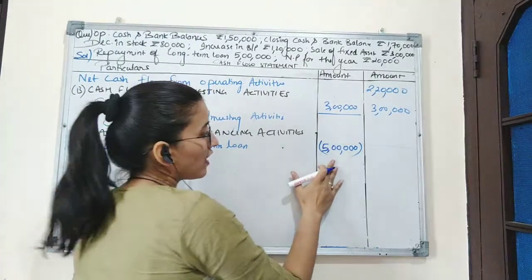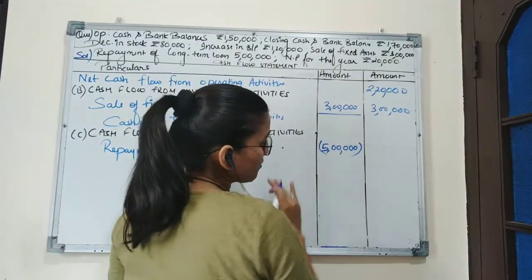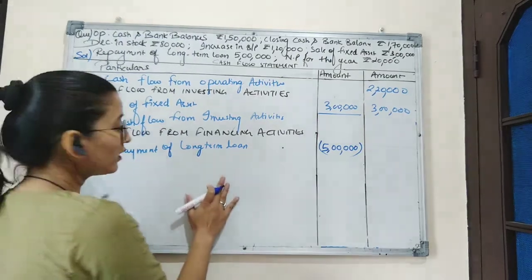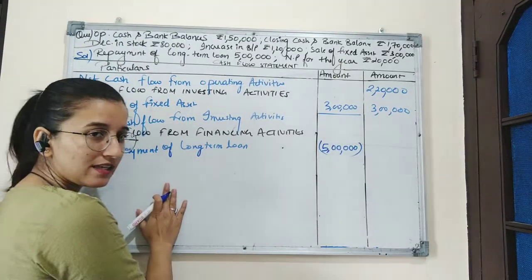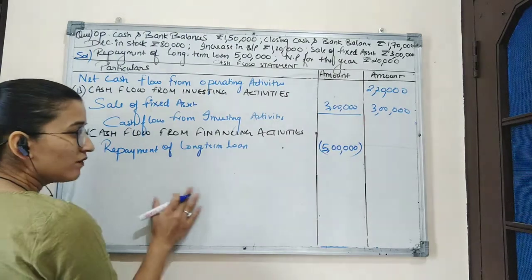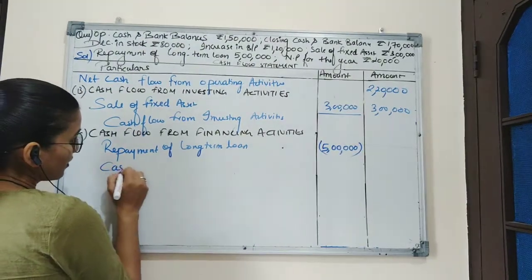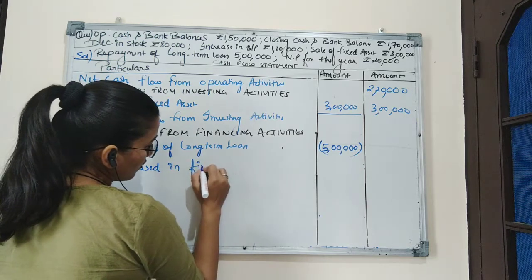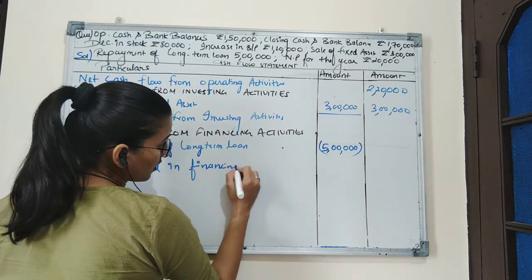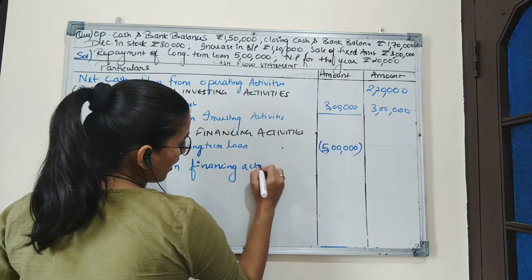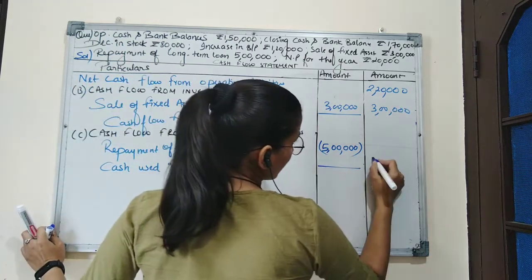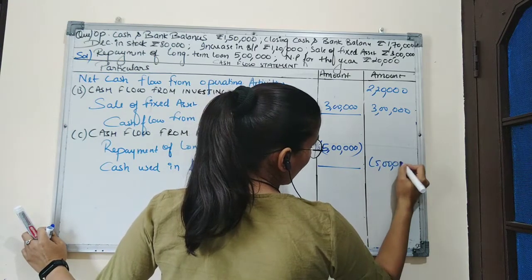As it is a negative value, we will put the bracket on this amount. Now by subtracting repayment of long-term loan from cash flow from financing activity, the amount we will get will be cash used in financing activities, which is 5 lakh rupees.